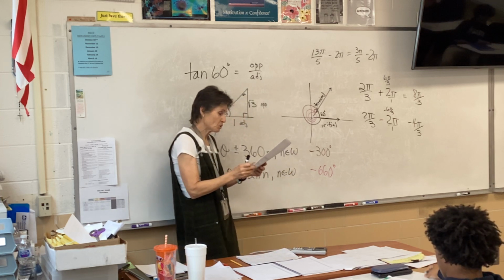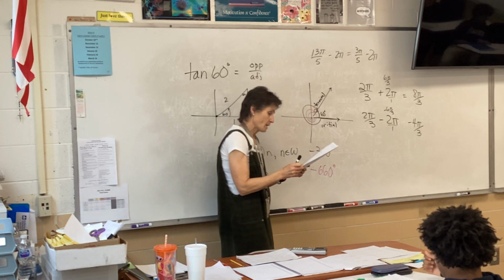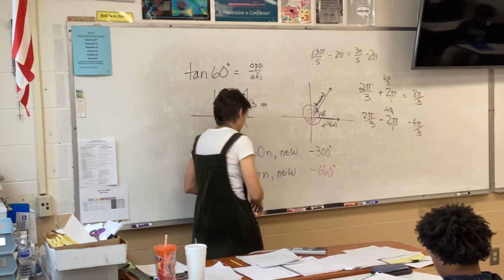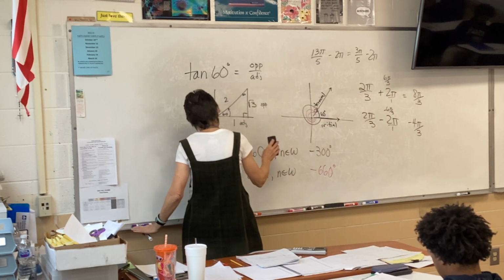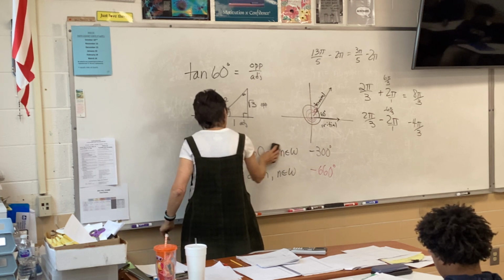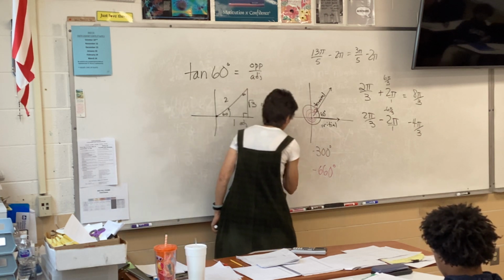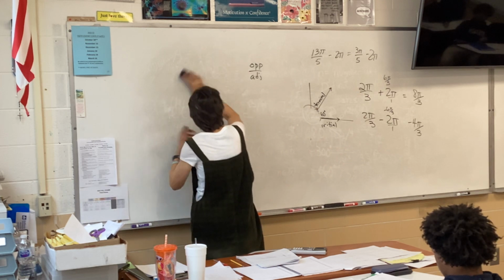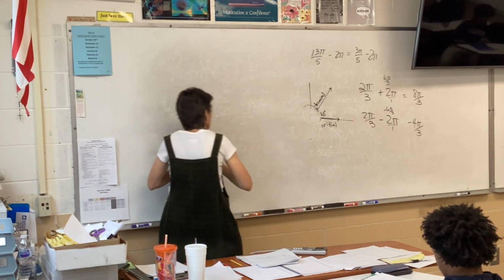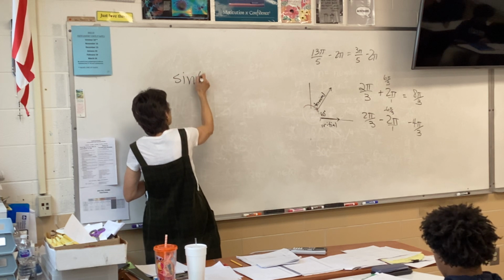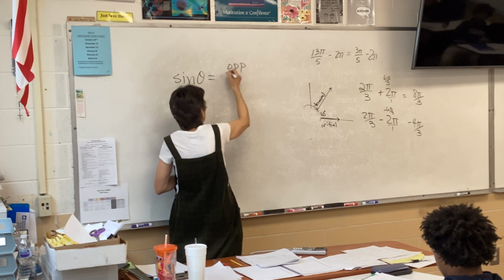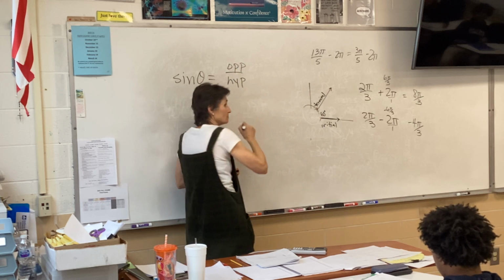Definition, trigonometric functions at any angle. Now, I know what you are thinking. You're thinking, Mrs. Ford, we already did this. I already have the definitions. Someone told me that the definition of sine theta is opposite over hypotenuse.